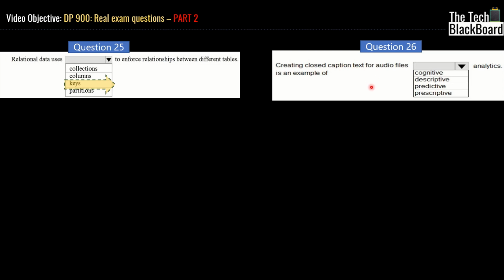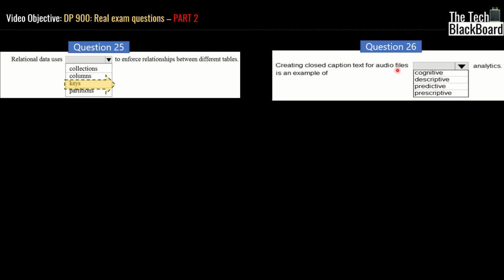One is this, that you can see on your screen. The second, they can also put the question like transcribing audio files, or they can also say creating text for audio files.